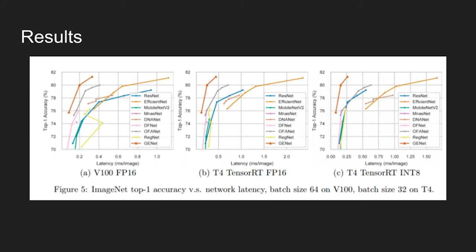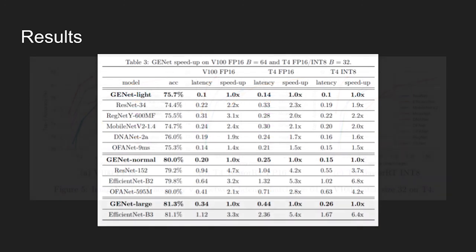Finally, the plot shows performance of light, normal, and large GENets on V100 and T4 GPU with FP16 and Int8 precision. As shown in the table, GNet normal is 6.8 times faster than the EfficientNet B2, and GNet large is 6.4 times faster than the EfficientNet B3 architecture.